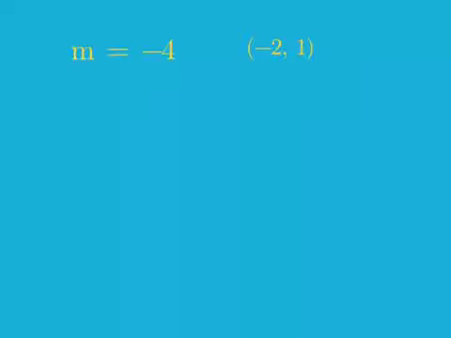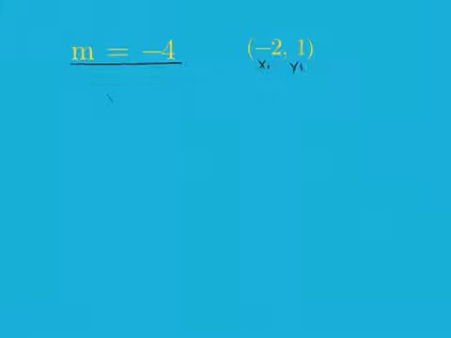For this first example, we're going to find the equation of the line in slope-intercept form, where we know the slope of the line is -4 and we want it to pass through the point (-2, 1). So in this first example, we don't need to find the slope because it's already given to us. So we move on to the second step, which is to put this into point-slope form. Remember, this point gives us x1 and y1.